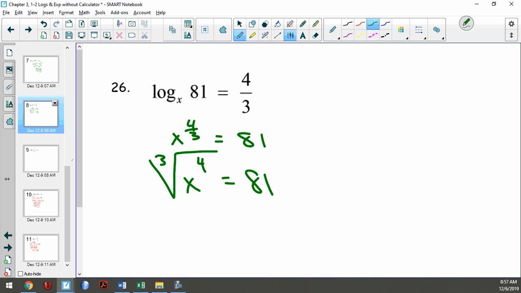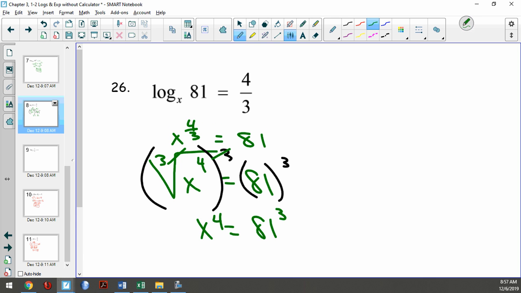Because isn't that what it is? So how do I get rid of the cube root? Yep. So if I cube this, does anybody want to take 81 cubed? No. So you're not going to do that yet. That's just going to be some big number.